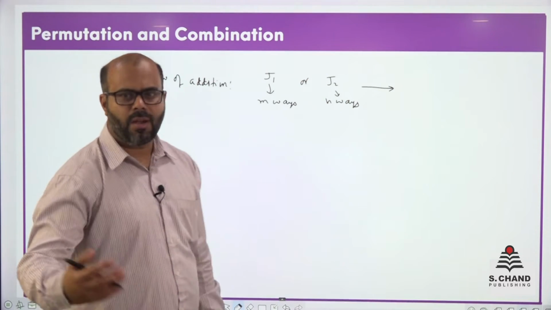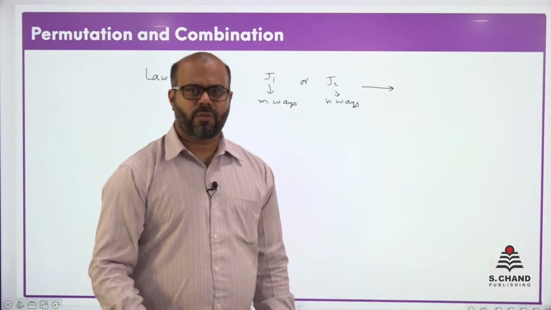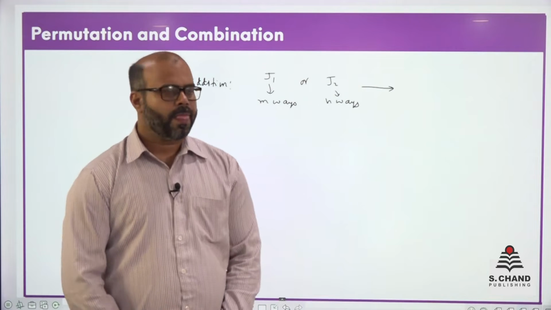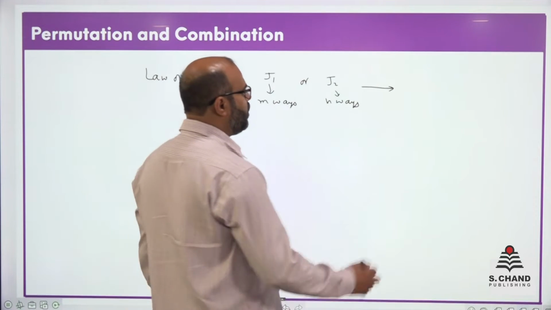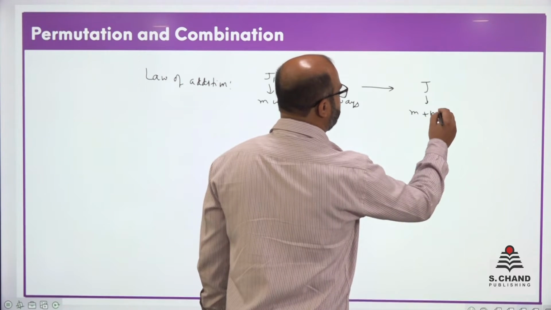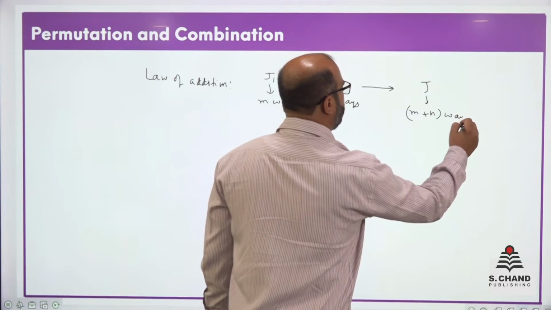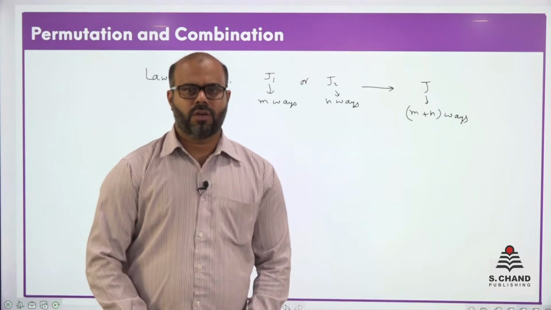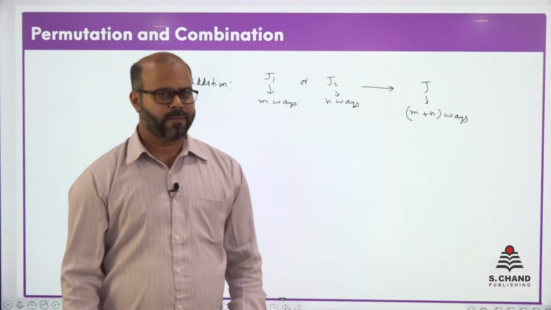That means either buy a bread or buy a roti from the market, and your job of eating something is completed. So the job is said to be completed in m plus n ways, the number of ways you can buy a roti plus the number of ways you can buy a bread.